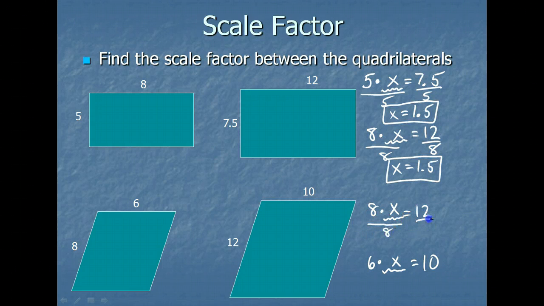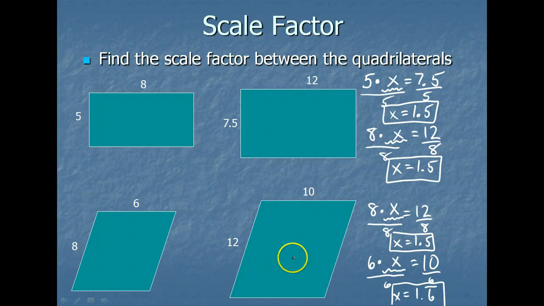Divide by 8, divide by 8. To go from 8 to 12, the scale factor is 1.5. 12 is 1.5 bigger than 8. Divide by 6. 10 divided by 6 is 1.6, repeating.